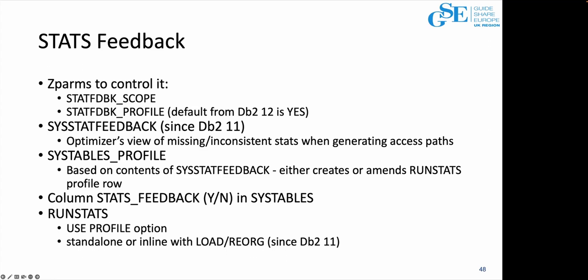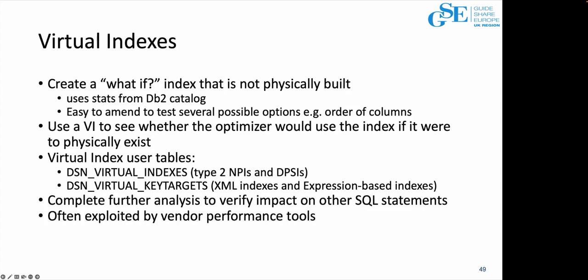So while having this feedback could be invaluable and help us to take the right stats to improve particular access paths, we might not want all of it. So something else to bear in mind.